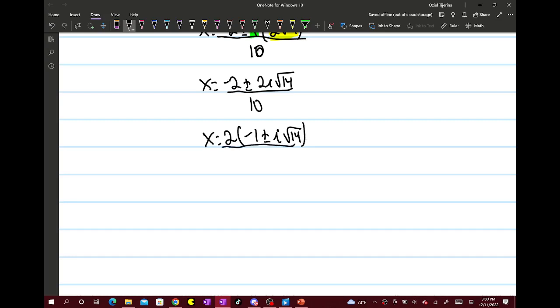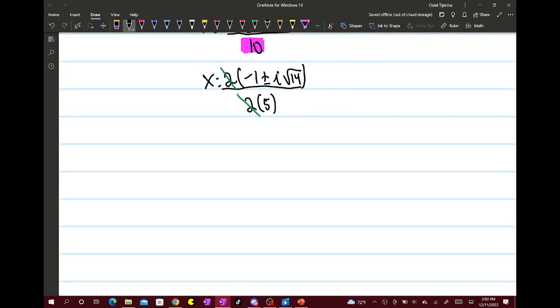And then on the bottom, we know that 10 is 2 times 5, right? So we can use that. So now these two cancel out, and we are left with x equals negative 1 plus or minus i square root of 14, all over 5. And I believe that's the answer.